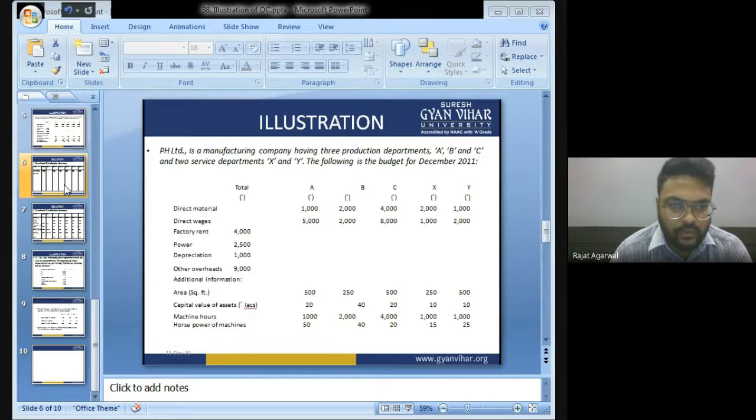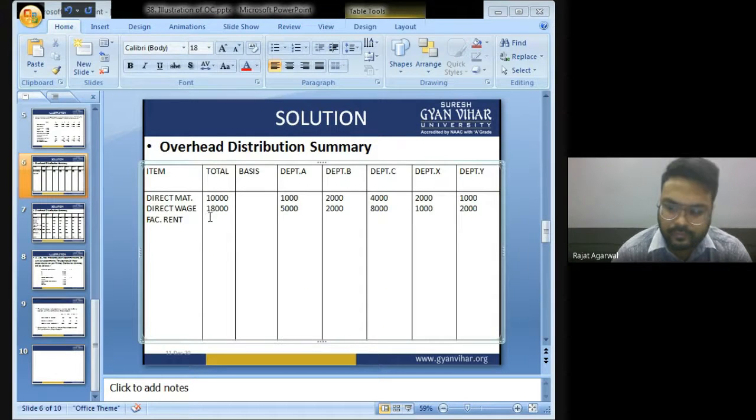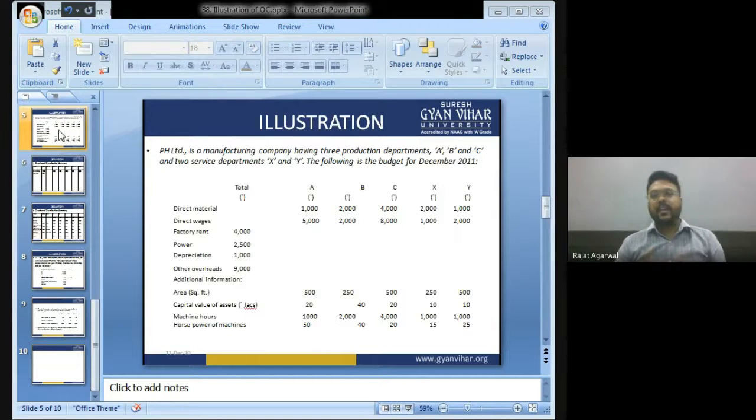Total is 4,000. Now factory rent is not distributed. We have to distribute the factory rent. Factory rent should be distributed as per area, as per capital value of asset, as per machine hours, or as per horsepower of machines.